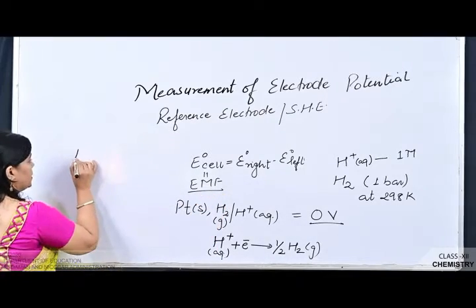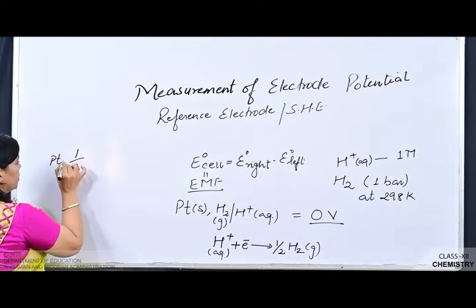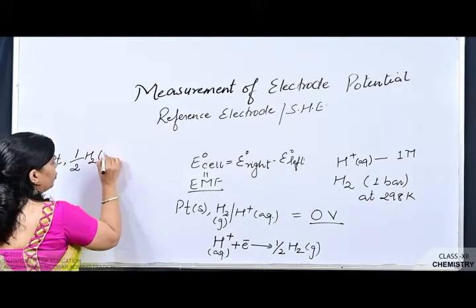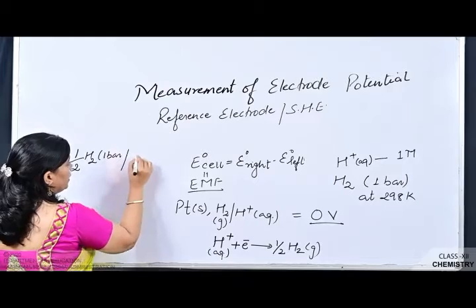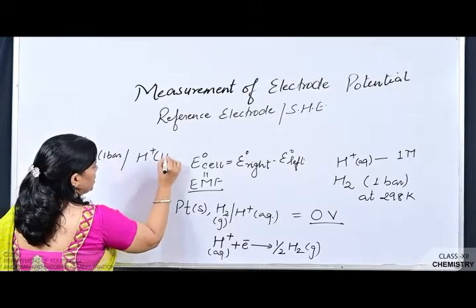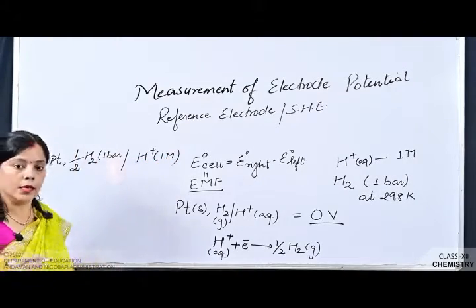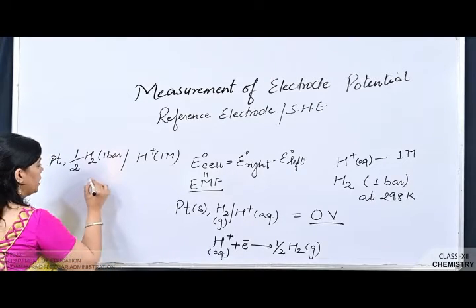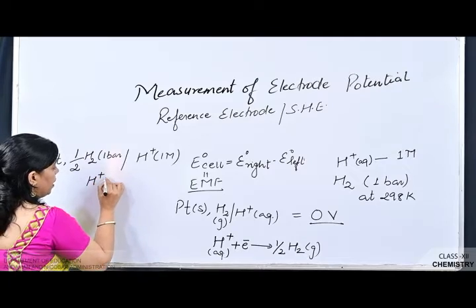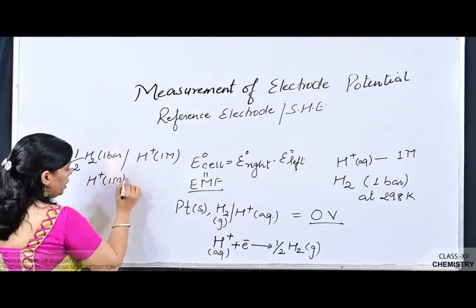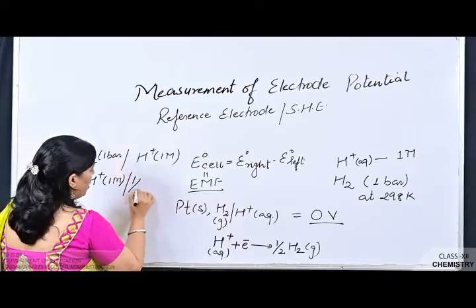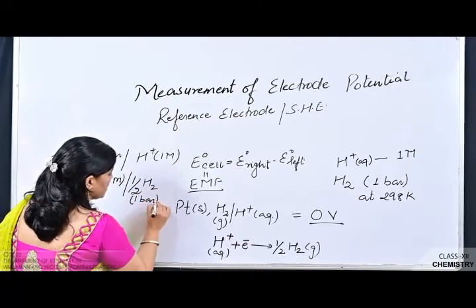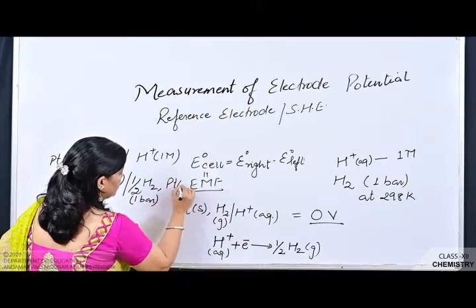The reactions can be represented as: Pt, half H2 at 1 bar pressure is converted into H plus at 1 molar concentration. Or the other reaction, taking place at the other electrode, can be written as: H plus at 1 molar concentration is converted into half H2 at 1 bar pressure, also carried out at the platinum electrode.